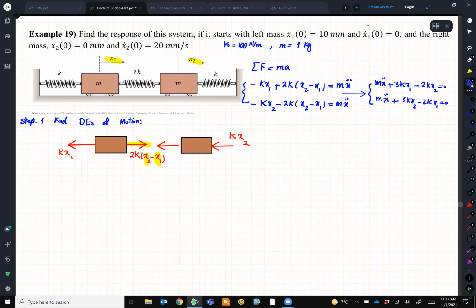So is it 2? Then that's 2 x2. So then the result changes, right? So let's correct that one then. 2k x2.